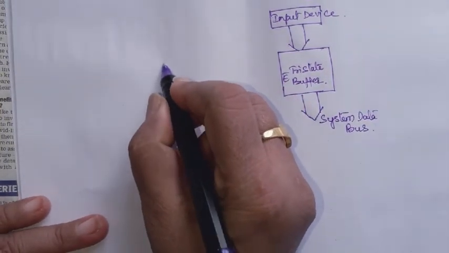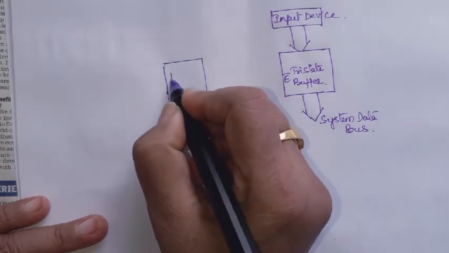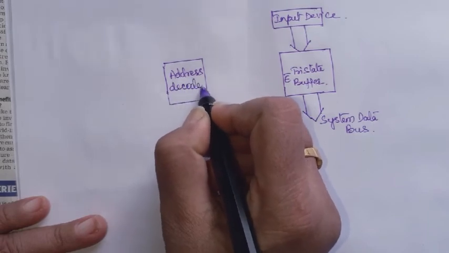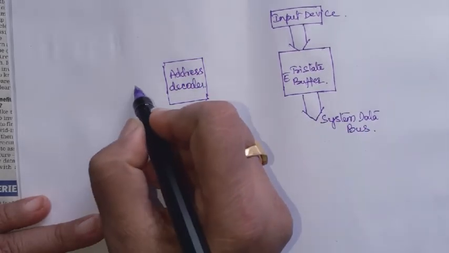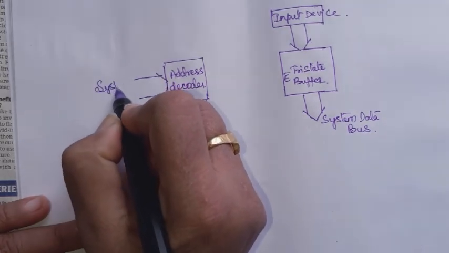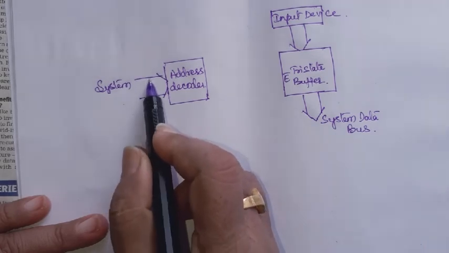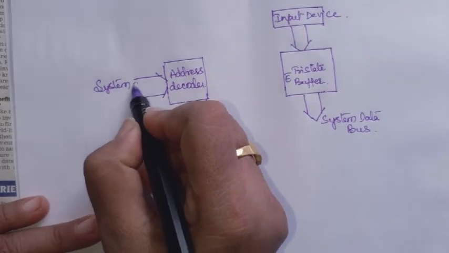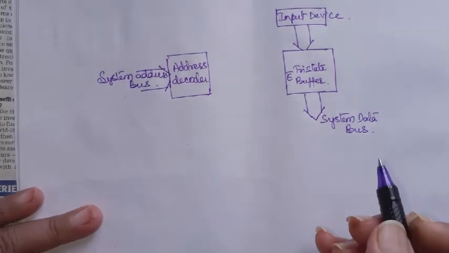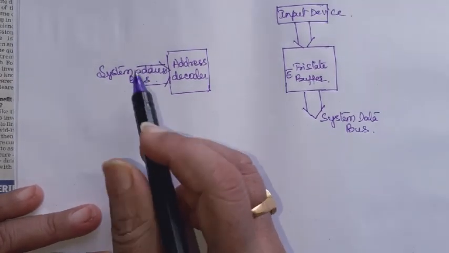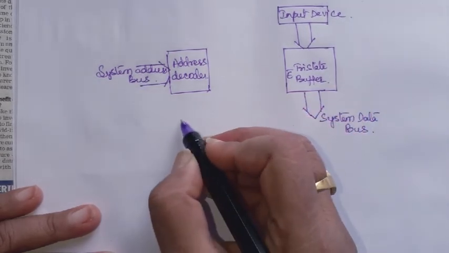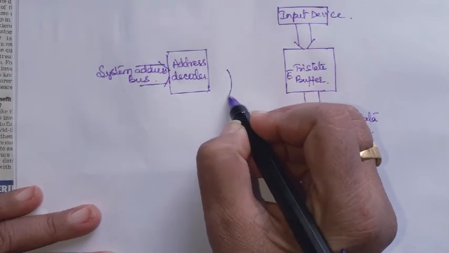Okay. This tri-state buffer will have enable input. So here again the address is to be decoded. The address decoder to which the system address bus is connected. That means these lines come from the processor. System address bus, only A0 to A15, A0 to A7 or A0 to A15. Depends what address you select for the device.